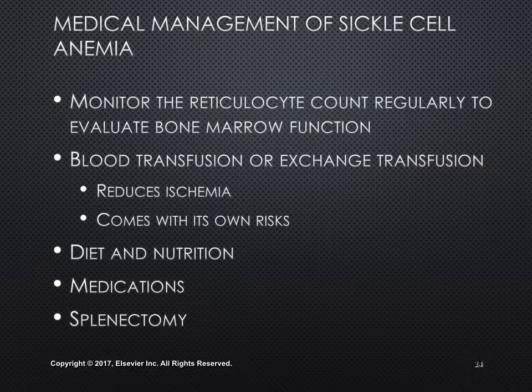Diet and nutrition is especially important for them. There are medications, especially pain meds, that are helping them to deal with the pain that they're dealing with. And in some cases, they may need to have a splenectomy, especially if they are having the splenic sequestrations.